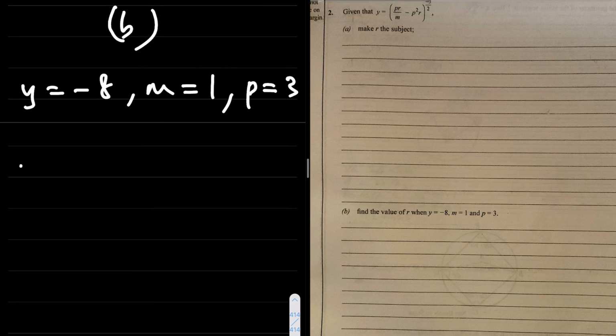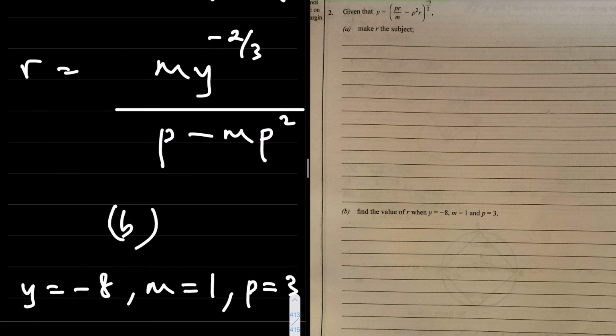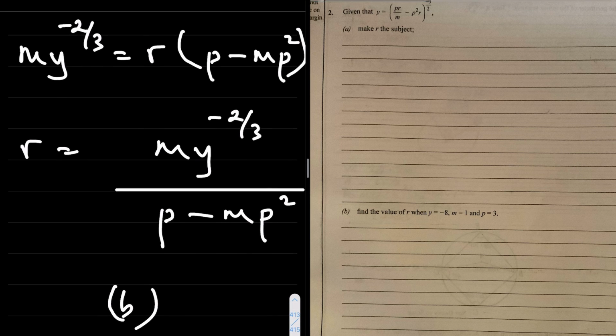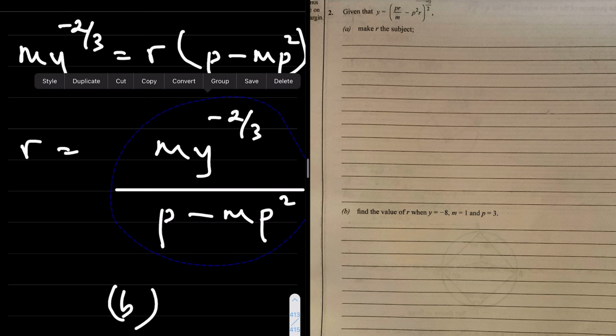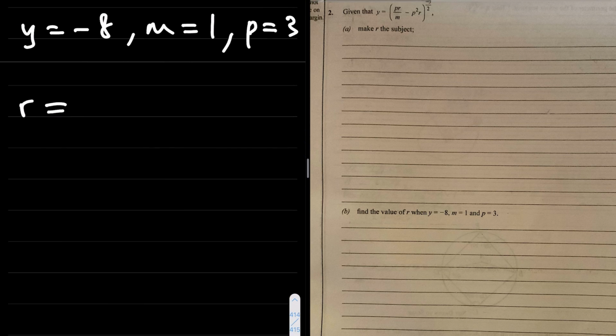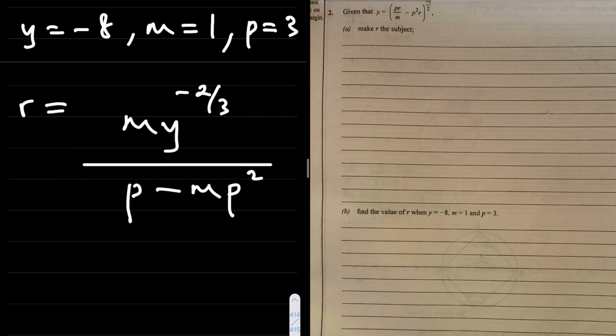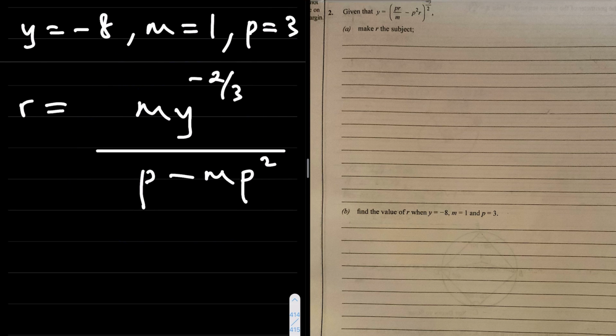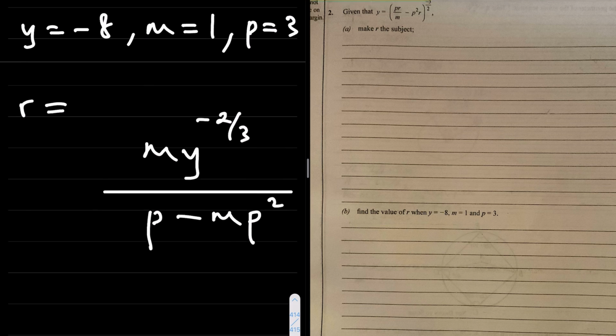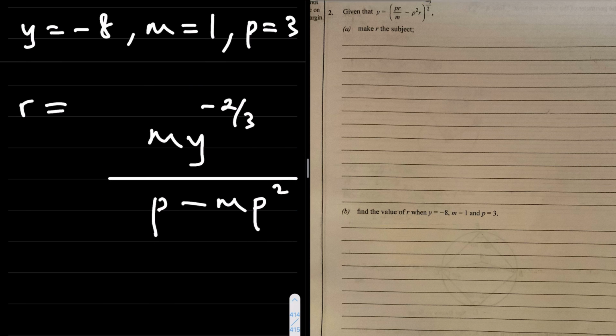R is equal to my raised to the power minus 2 over 3. Let me put the R down there. This is R.